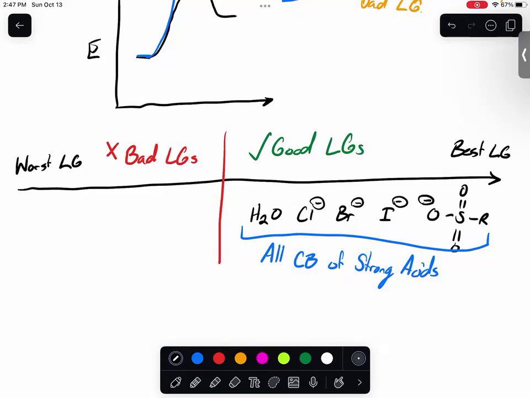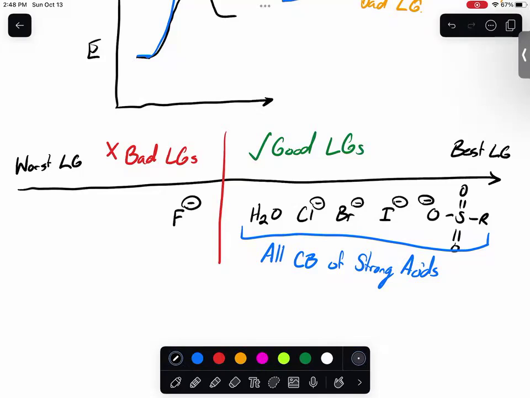The first one that people always look at is fluoride, F minus. Remember HF, even though it is an acid of a halogen, fluoride itself is not very stable. Because of that, HF is not a strong acid. It is a weak acid. And that is why F minus falls into this category.